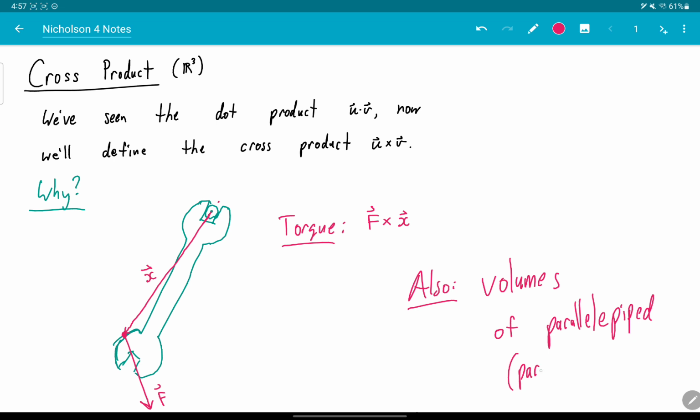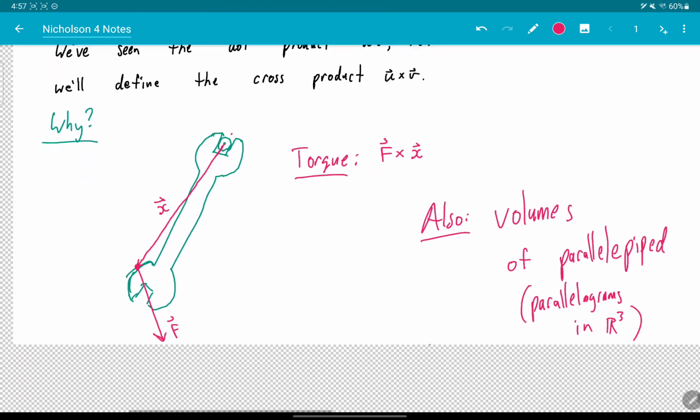Roughly, these are parallelograms in R3, so three-dimensional parallelograms. You can call them parallelepipeds. So the cross product will come in there too. So anyways, lots of applications. We're not just trying to torture you here, though it is fun to torture students.